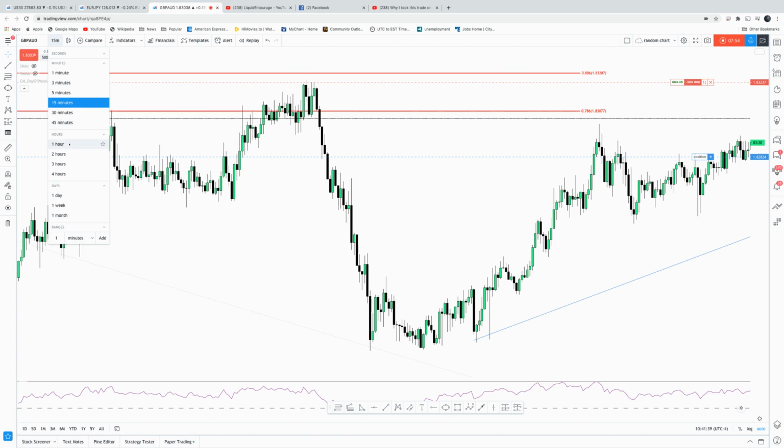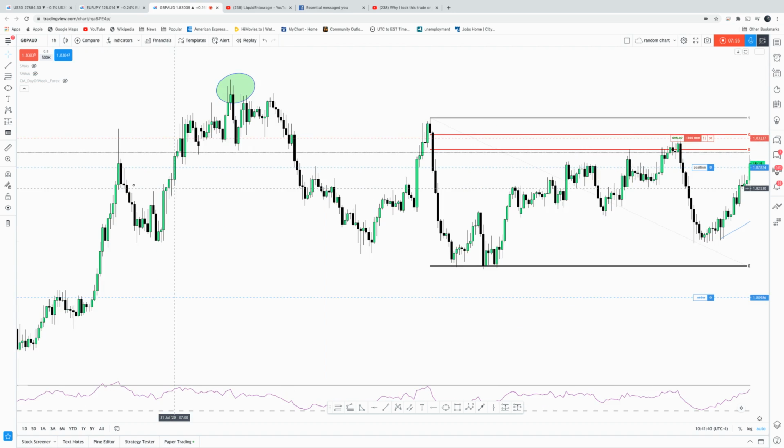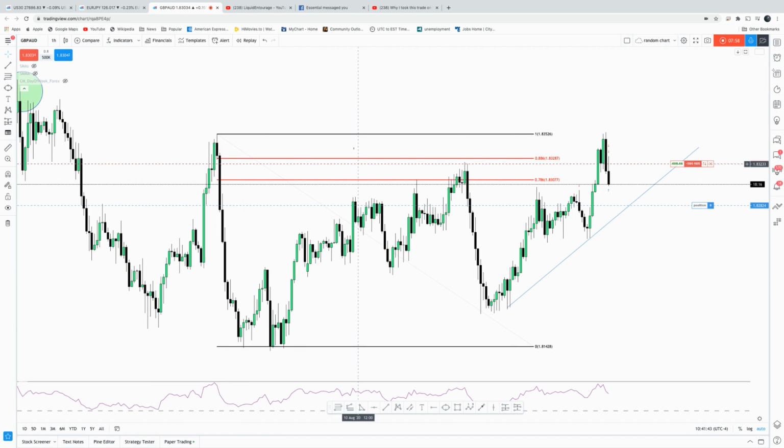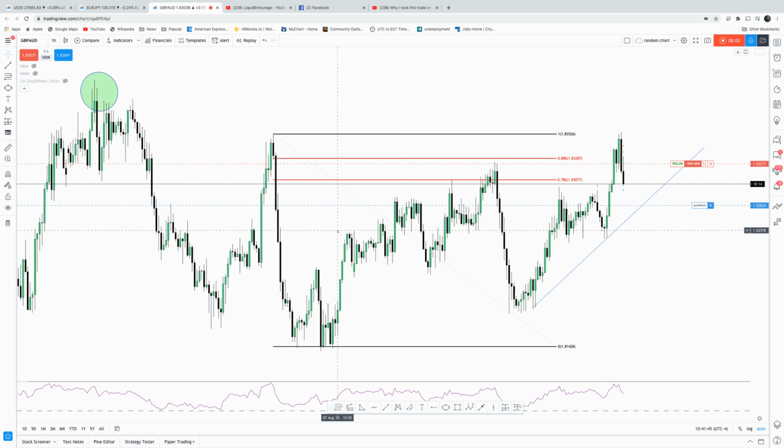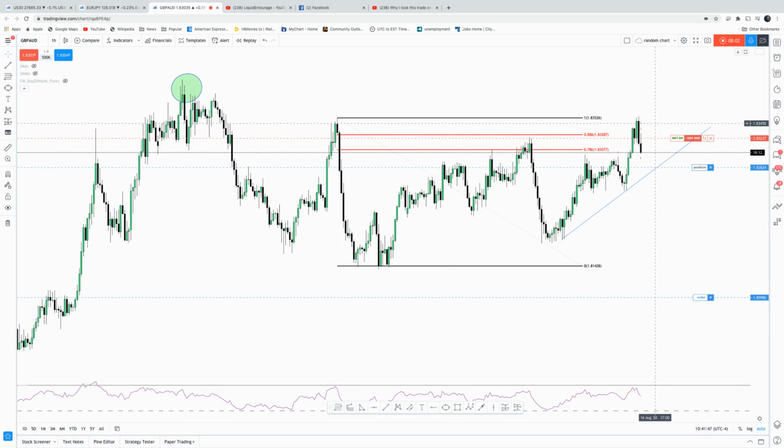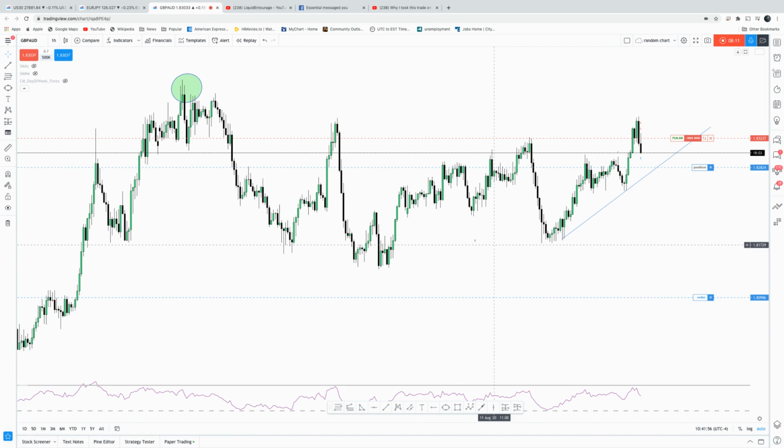So let's go back to the 1 hour and see where we are. Okay, so we made a higher low, and then we came back up into this level of resistance, a nice supply zone.